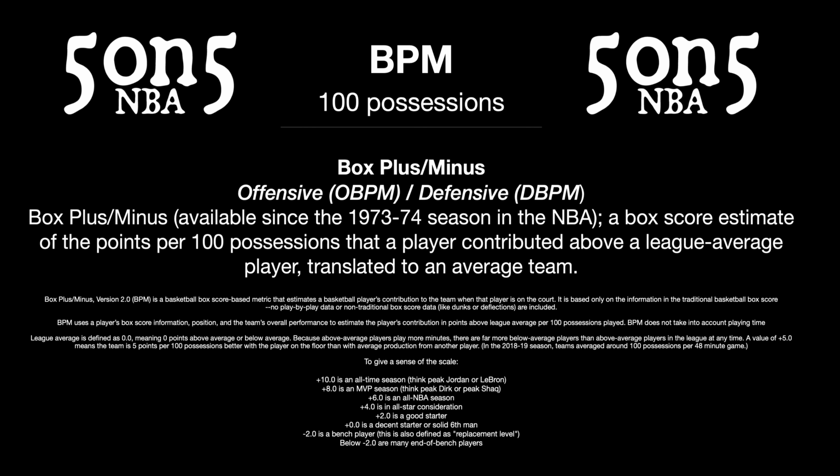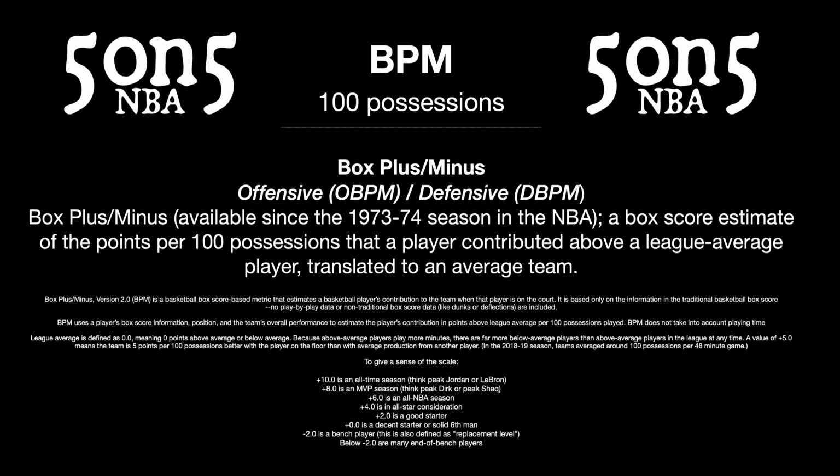Those two together give box plus minus. Box plus minus is available since the 73-74 season in the NBA. A box score estimate of the points per 100 possessions that the player contributed above a league average player, translated to an average team.